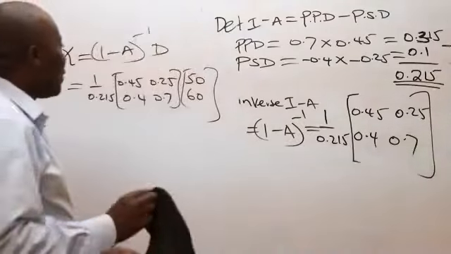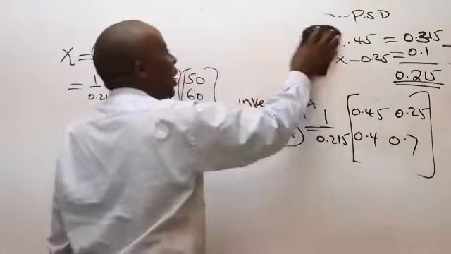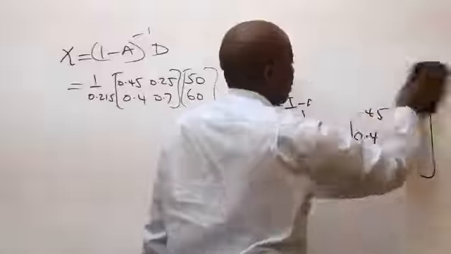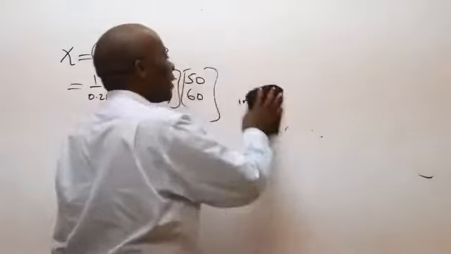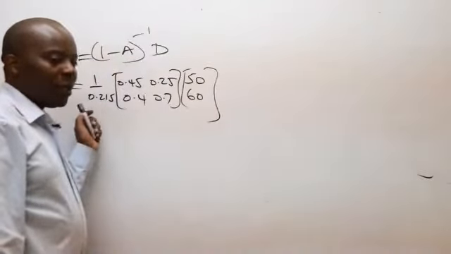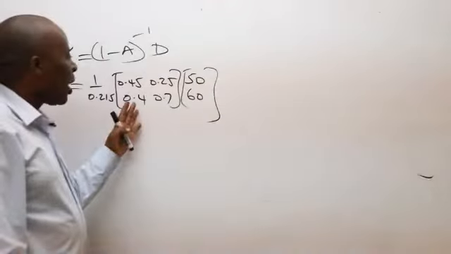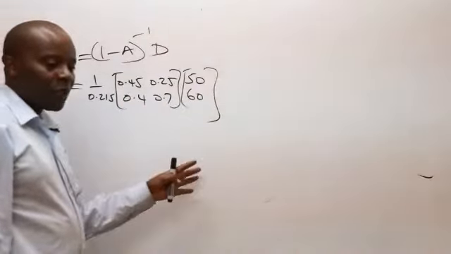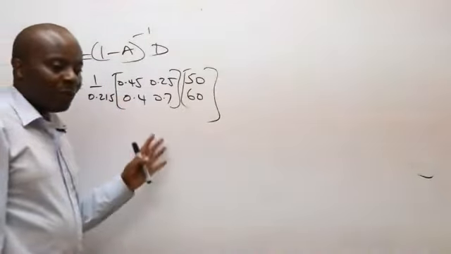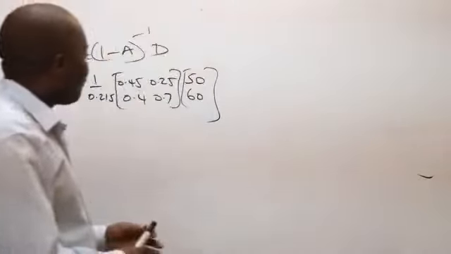Ladies and gentlemen, what you're supposed to do: this that we have outside here will be called a scalar. So basically you multiply the matrices first. We give matrix multiplication priority.